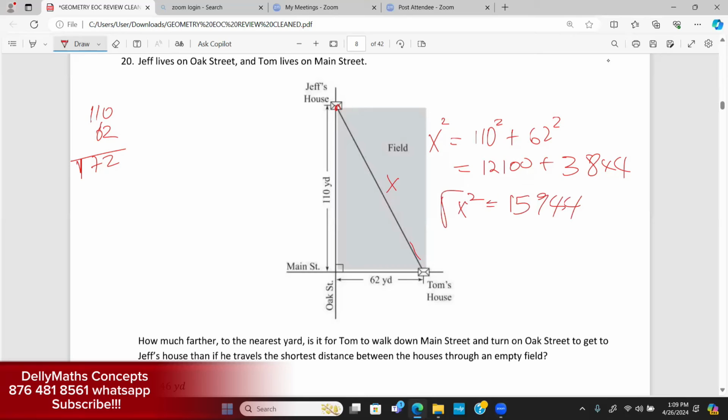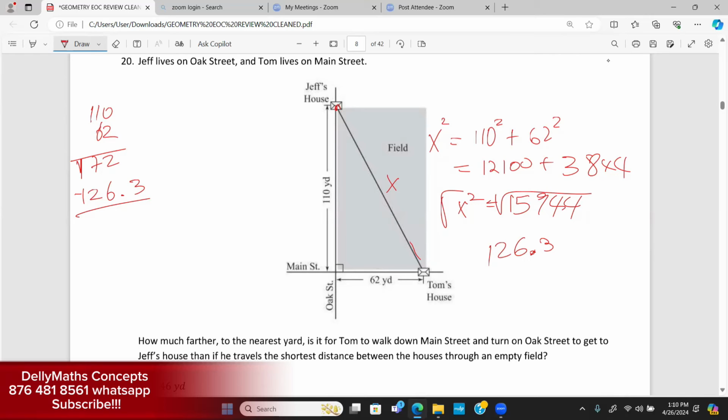So we take the square root, right? When we take the square root of this, it's going to give me like 126.3, basically. So now if we subtract 126.3 from 172, it's going to give us the extra you would have walked if you had taken that road. So basically, that's what the question is about.